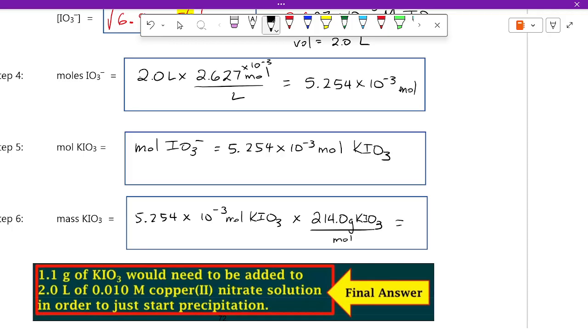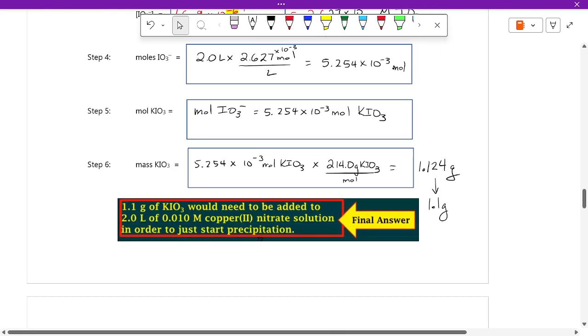Okay, so we got 1.124 grams. And so we would round that to sig figs, which would become 1.1 grams. Is that good? Okay. Cool, cool.